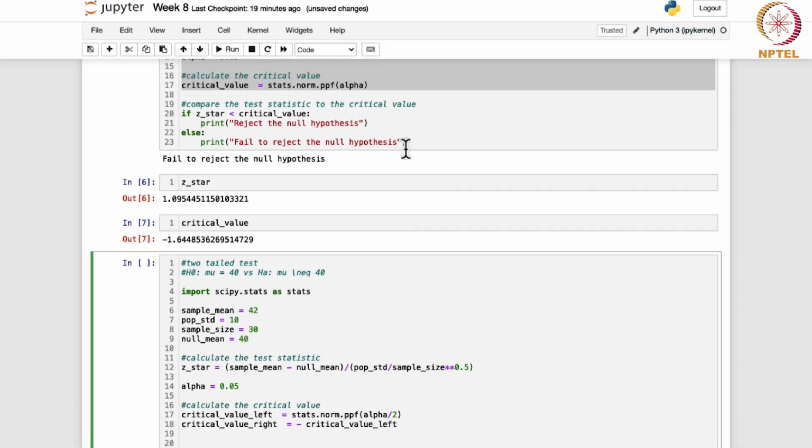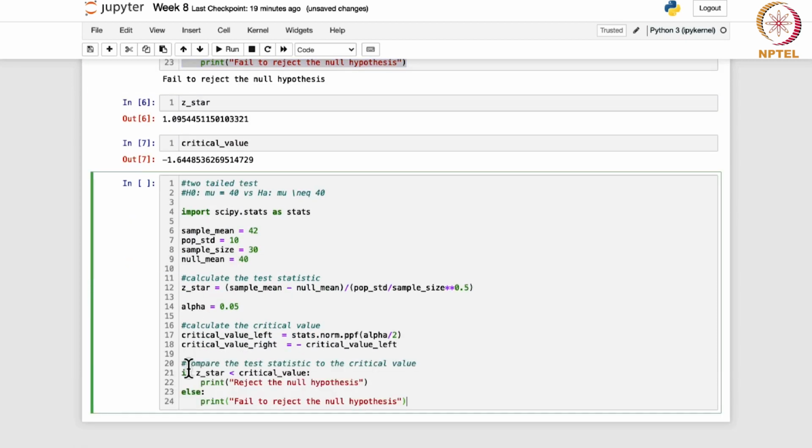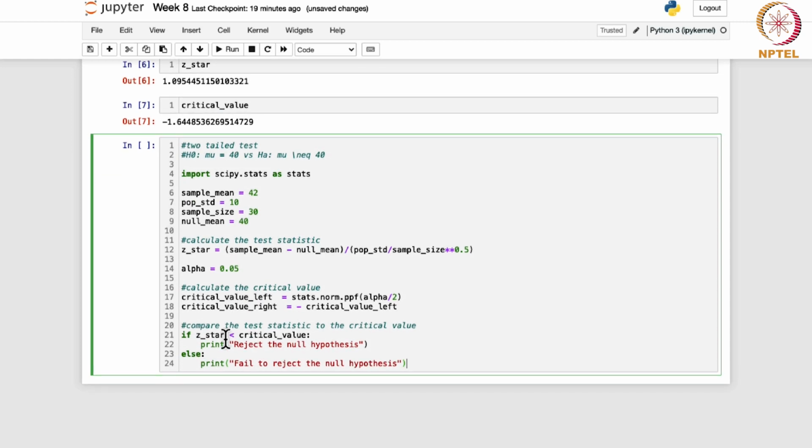So let me reuse this. So what was the rejection region there? You reject the null hypothesis if absolute value of z star is greater than or equal to z alpha by 2. So in this case, we would write if z star is less than critical value left, or z star is greater than critical value right tail.